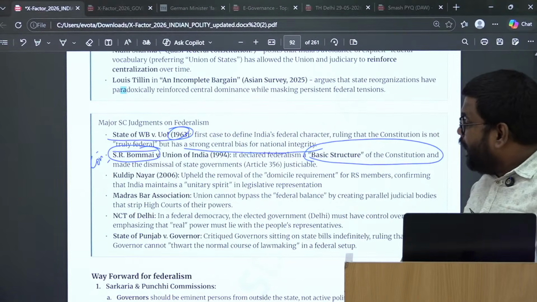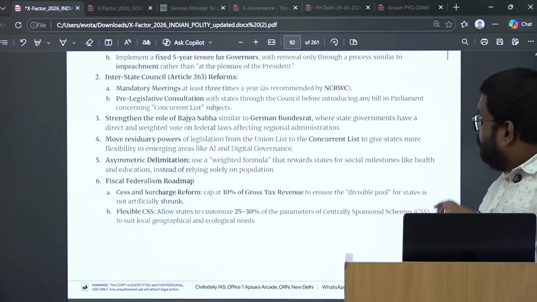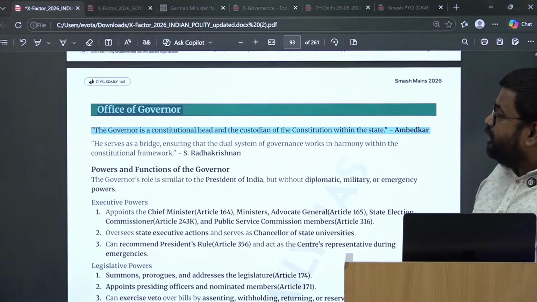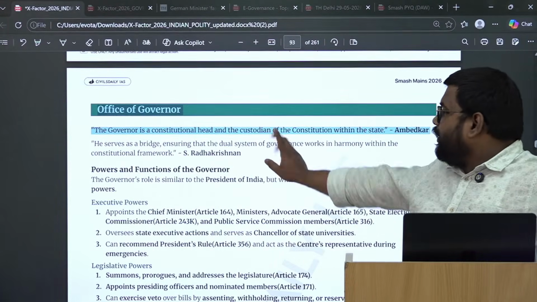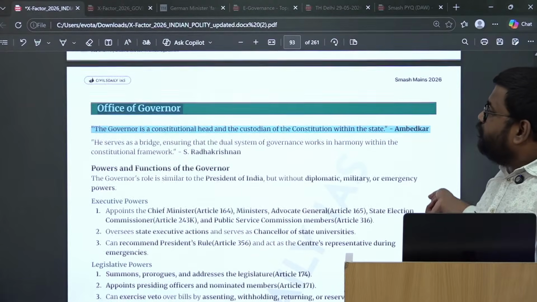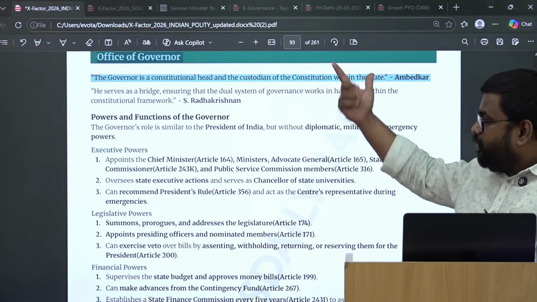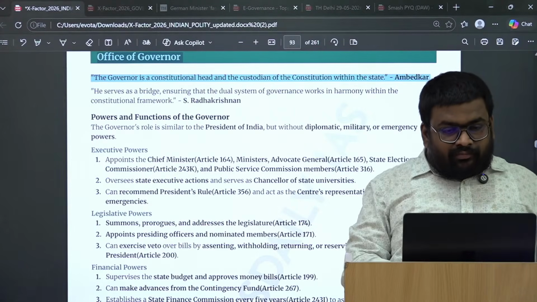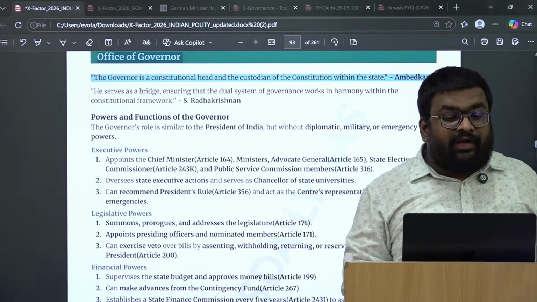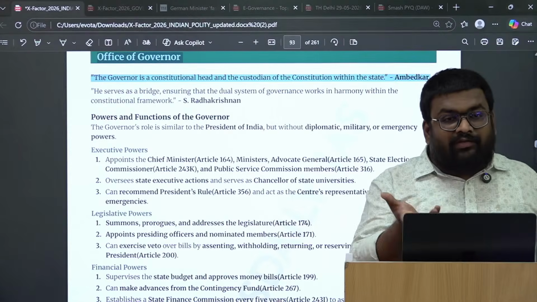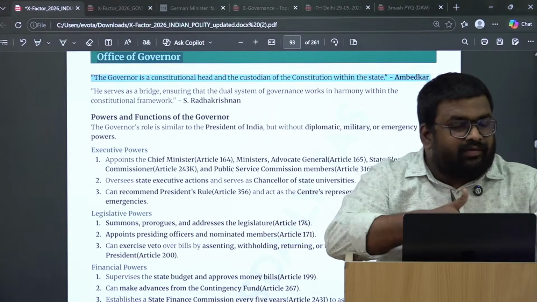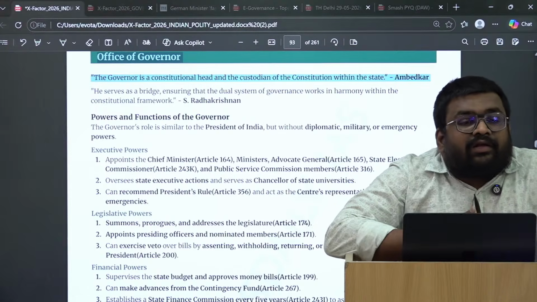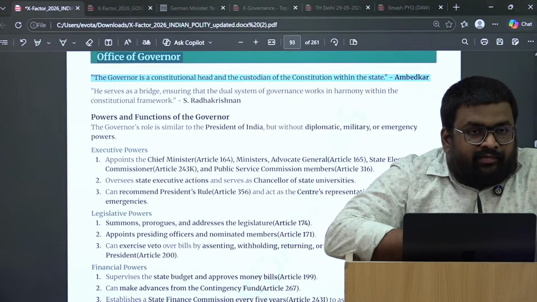ठीक है, that this is with respect to the way forward. Again, the office of governor was in news in recent years. Simply I have given the quote. You can start with the quote or you can start with the recent context also. कि governor, office of governor, why it is in news. ठीक है, जैसे for example कल ही, in today's newspaper itself the very headline is the Karnataka CM resigning.